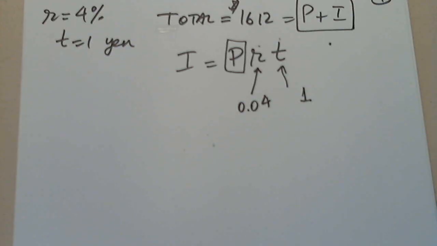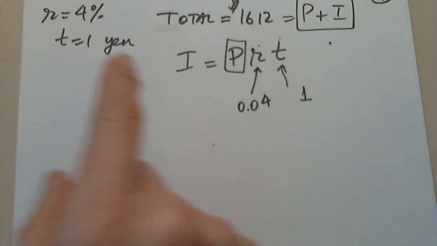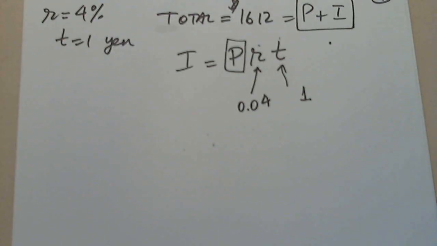How does this seem to you when it says it grew to? Let's read the problem one more time. An investment is made at 4% interest for 1 year. It grows to this. How much was originally invested? In other words, what is the principal? So the interest, the uppercase I, is what we add to the original amount.